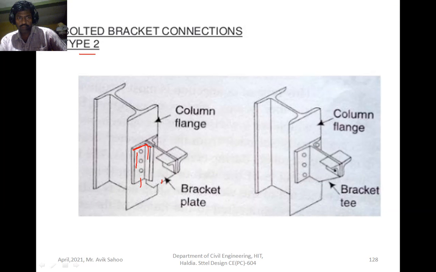Okay, so here the bolts are used to join the bracket plate with the flange. So here is the type of connection where the load is perpendicular to the joint. Okay, you see that it is perpendicular to the joint. Here the bracket T is used.